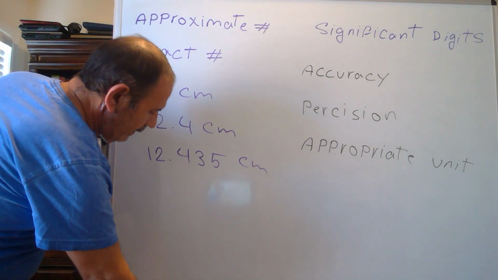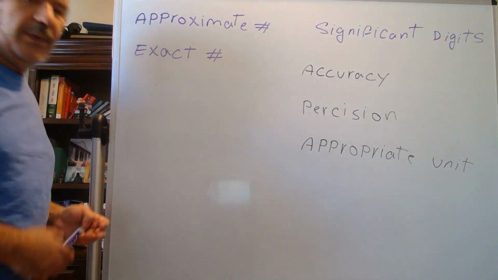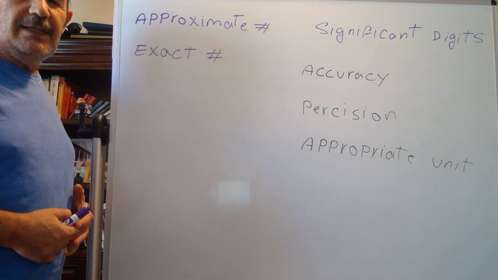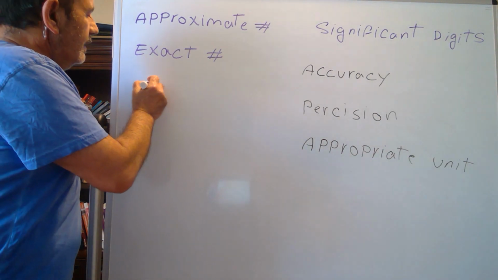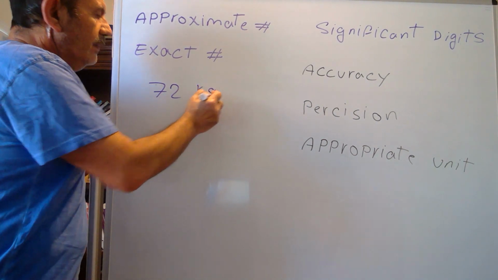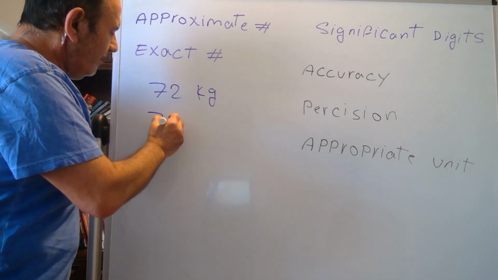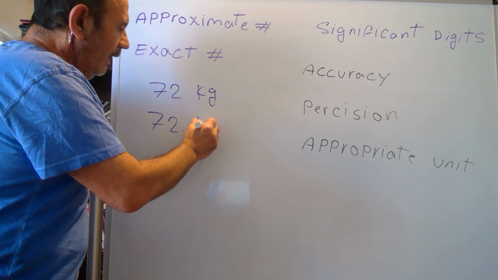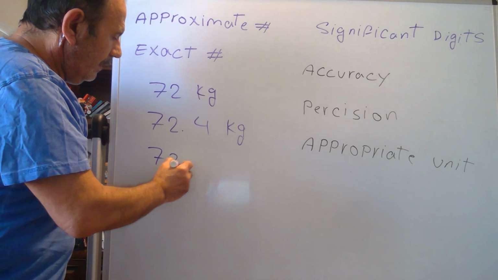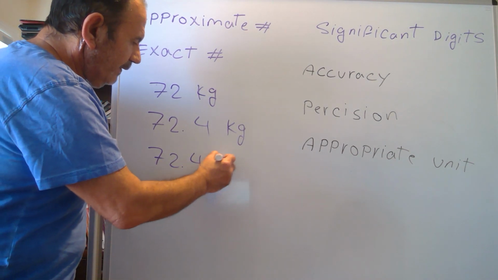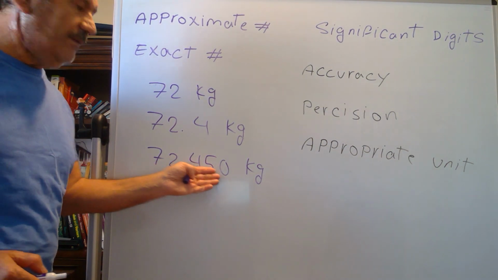Or let's say I am weighing myself. I want to know how much my weight is. Let's say my weight is 72 kilograms if I use a normal scale. If I use a more accurate scale, my weight maybe is 72.4 kilograms, or 72.450 kilograms, or 72 kilograms and 450 grams.